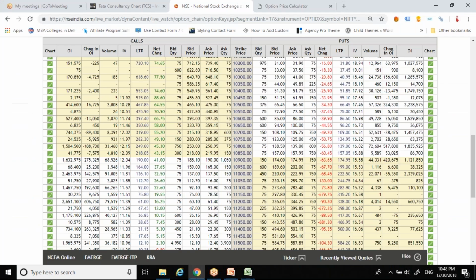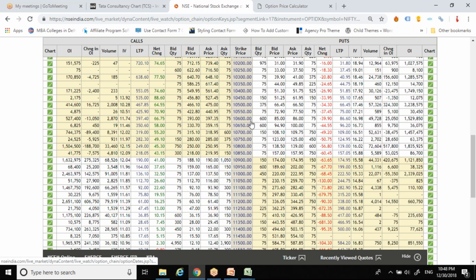Now why is it? Because when I am selling the 10,600 put, put sell means you have the obligation to buy. So obviously the price will remain above 10,600, and the put buyer will not exercise. So you will keep the 86 premium.